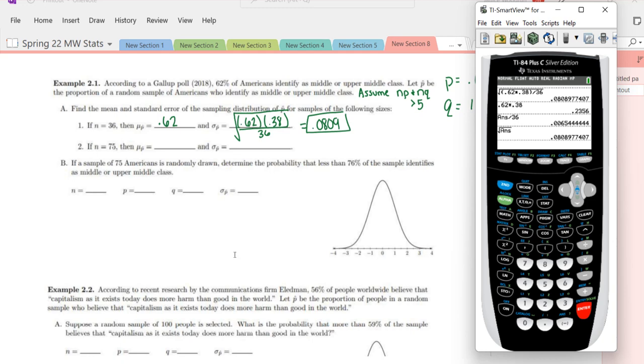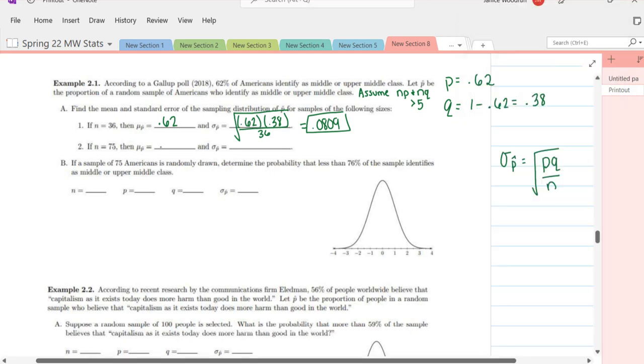Now with a larger sample size, that's going to change the standard deviation. The mean will remain the same at 0.62. If we had a smaller sample size and np and nq were greater than 5, we were fine. Then we know with the larger sample size, it will also be fine. Here we have the same calculation, we just have a different denominator, so 0.62 times 0.38, now over 75.